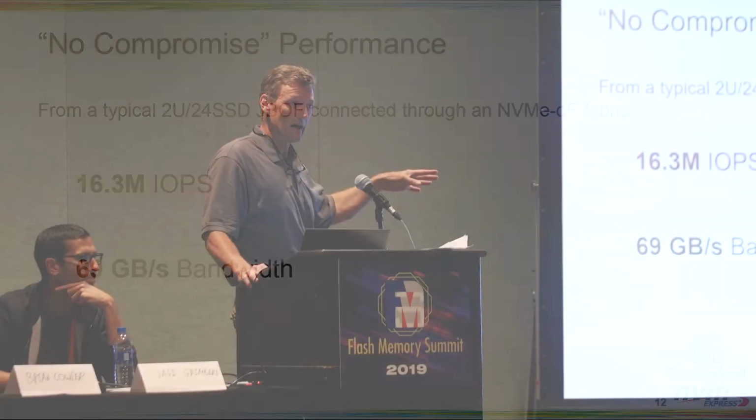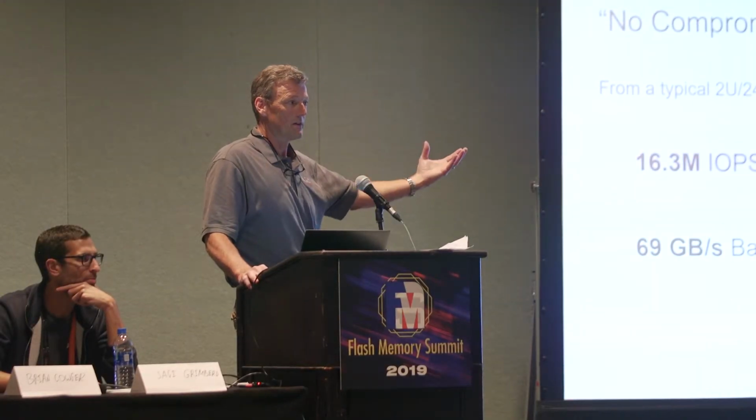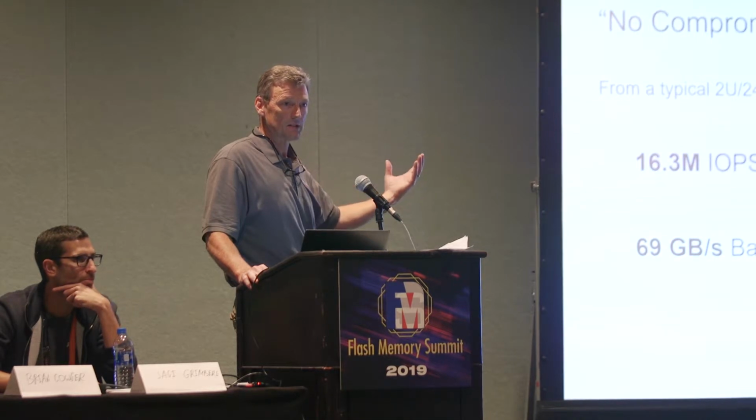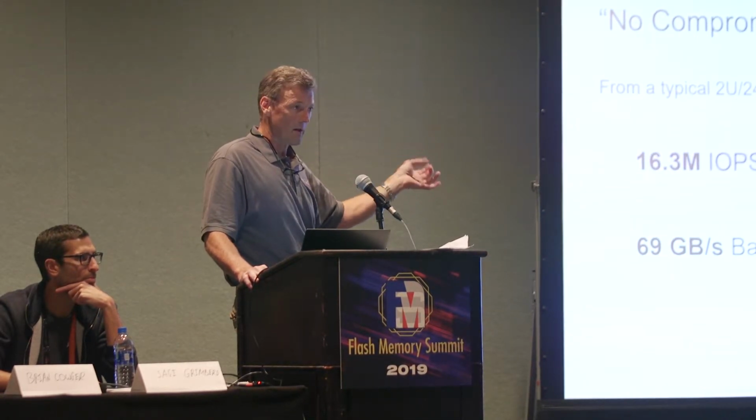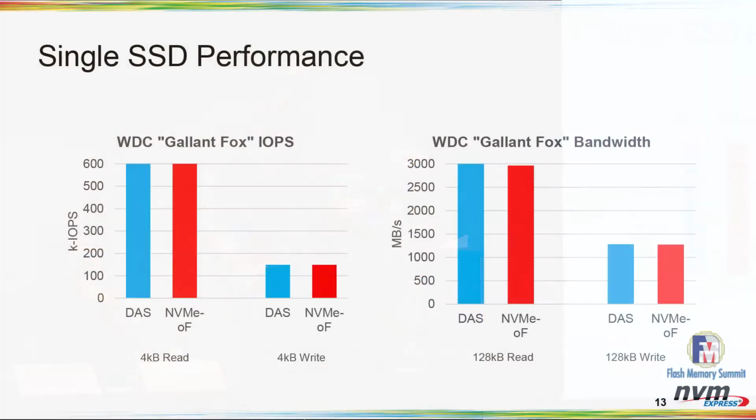So you can see that you can move this stuff to the other side of a fabric and not necessarily be bottlenecked by anything. IOPS and bandwidth, okay, that's great. You might be asking, what about latency now? Here are some specific comparisons to drives when they're in DAS mode and when they're in fabrics mode. You can see that basically you can get to that drive just as fast, and get just as much performance out of that drive in either mode.